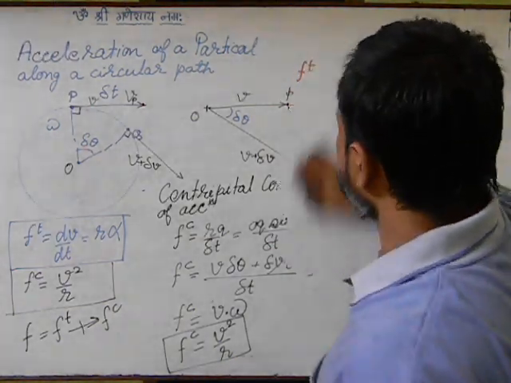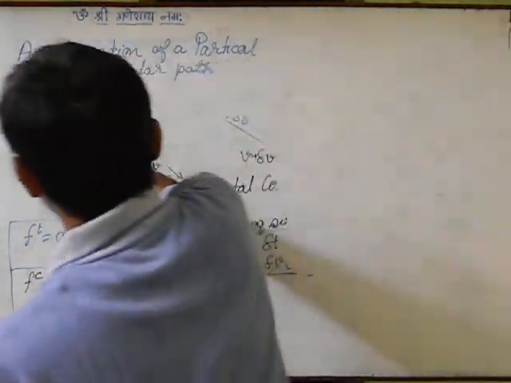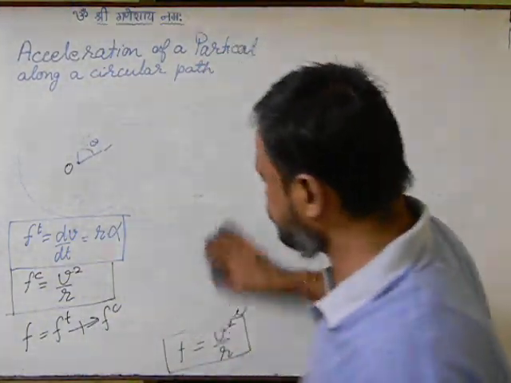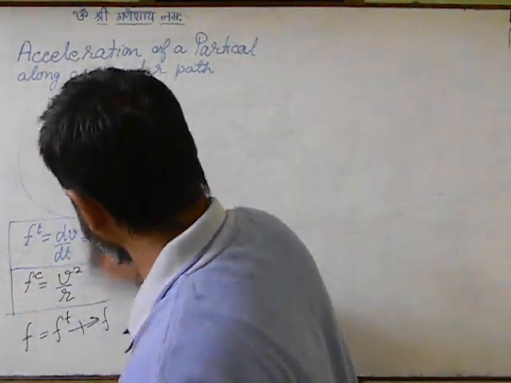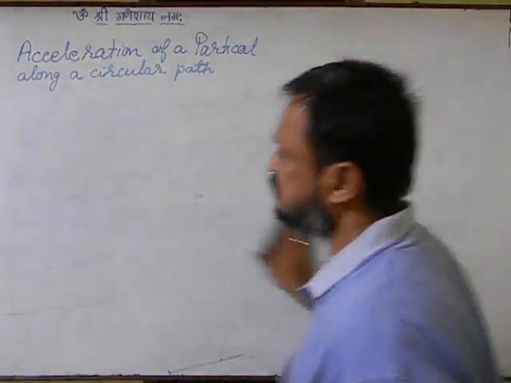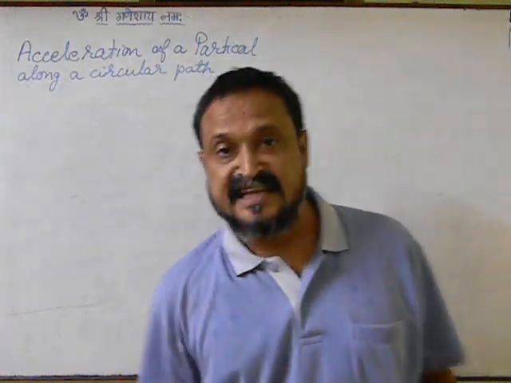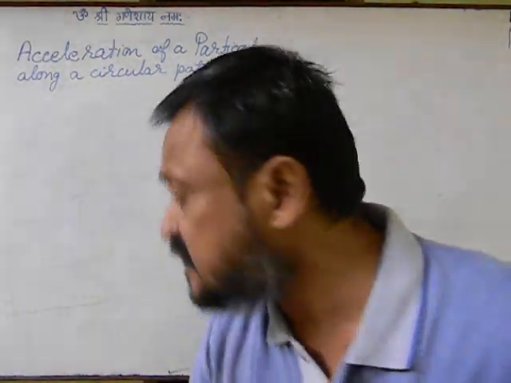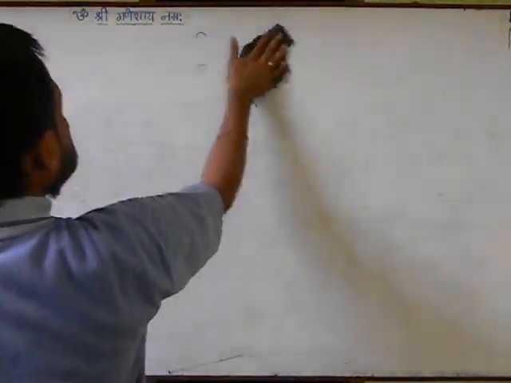So let us try to apply this. It is now evident from this particular analysis, when we want to determine the accelerations in a given mechanism, first we need to find out the tangential component as well as the centripetal component.